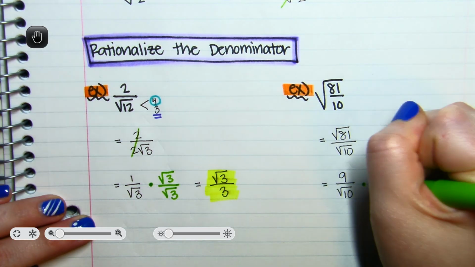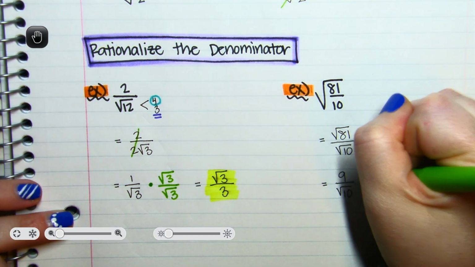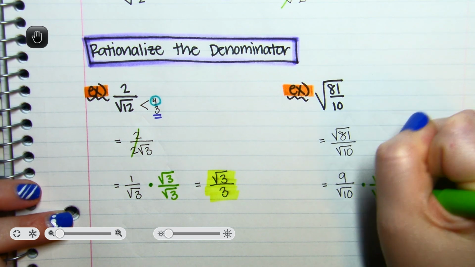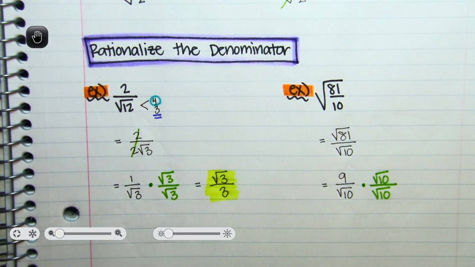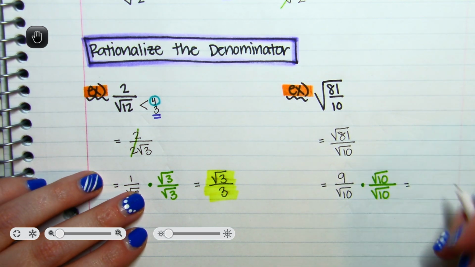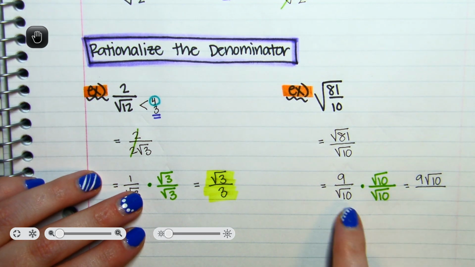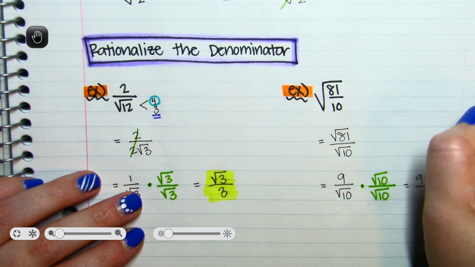What do I multiply the top and bottom by? If you said the square root of 10 or radical 10, you are correct. So the top is going to become 9 times rad 10. And then rad 10 times rad 10 becomes just 10.